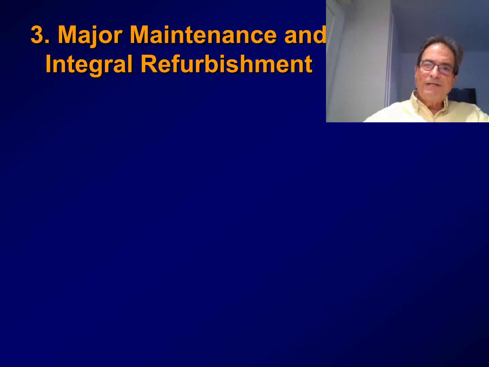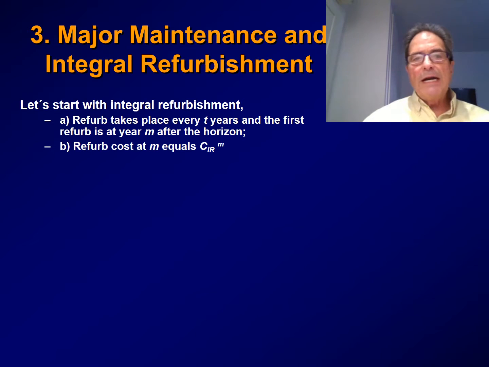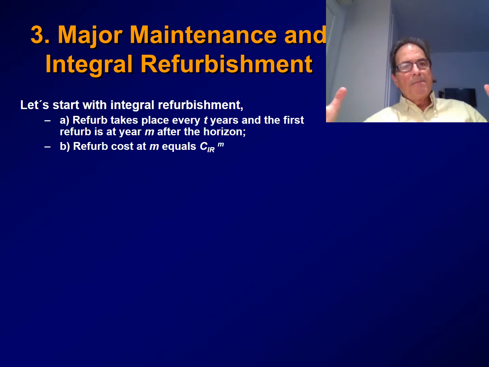The third component is major maintenance, and here we also will include integral refurbishment. Well, let's start with integral refurbishment. Remember, integral refurbishments are very complete changes in the property, that you make every 30 years or so. It's practically rebuilding the property.